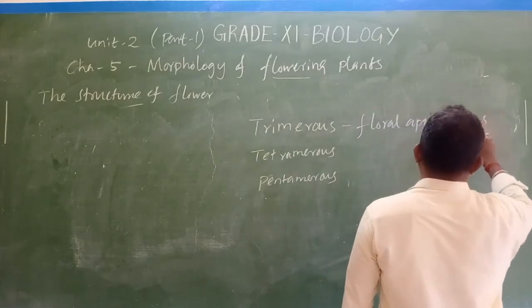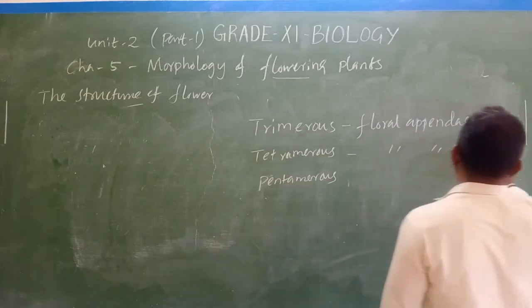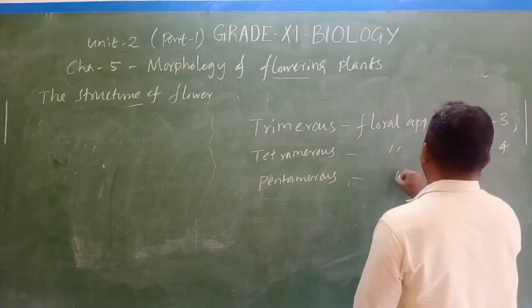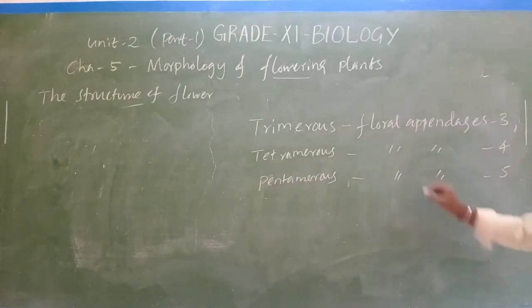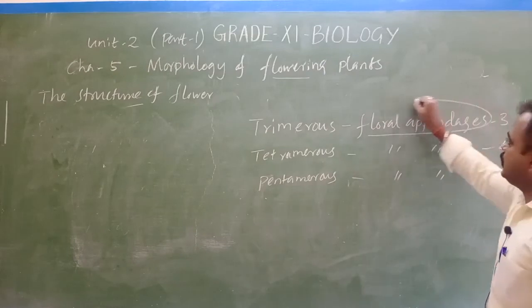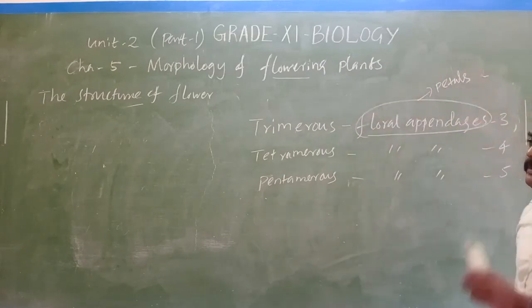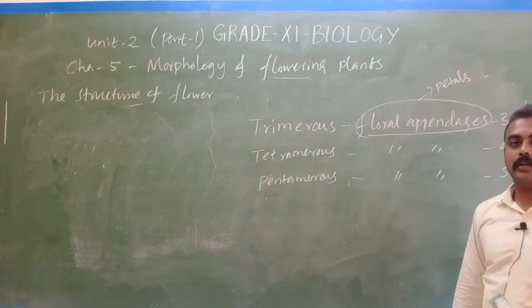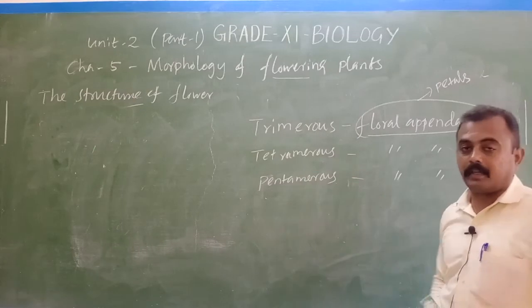Here the floral appendages are three, here four, and here five. Floral appendages means petals. How many petals are present in a flower? Based on that, trimerous, tetramerous, pentamerous.